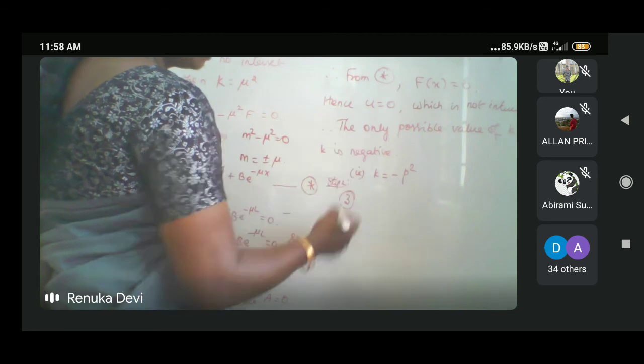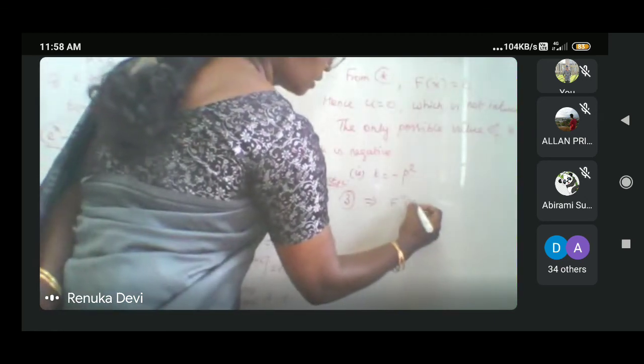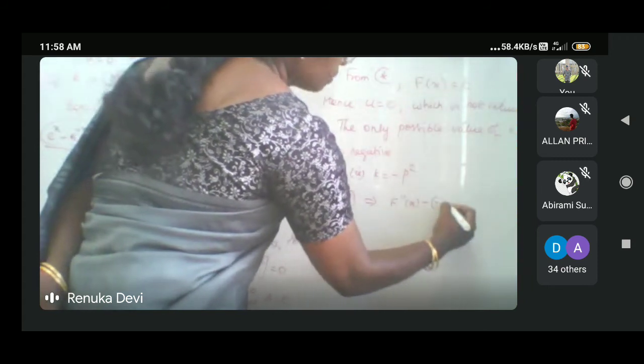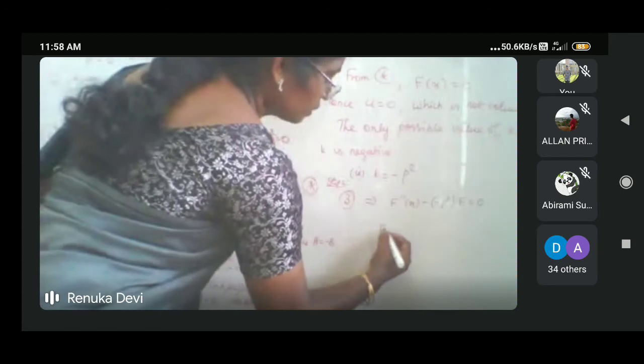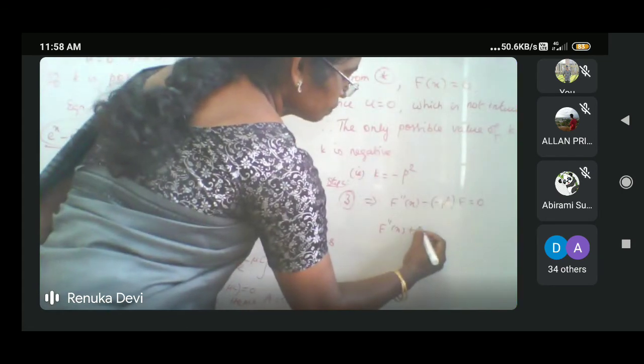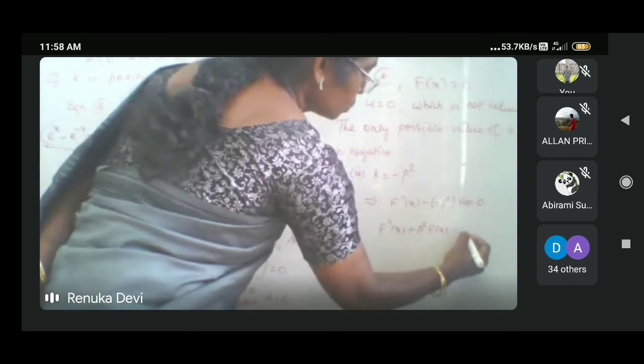From equation 3, f double dash of x minus k... that is, f double dash of x plus p squared into f of x equal to 0.